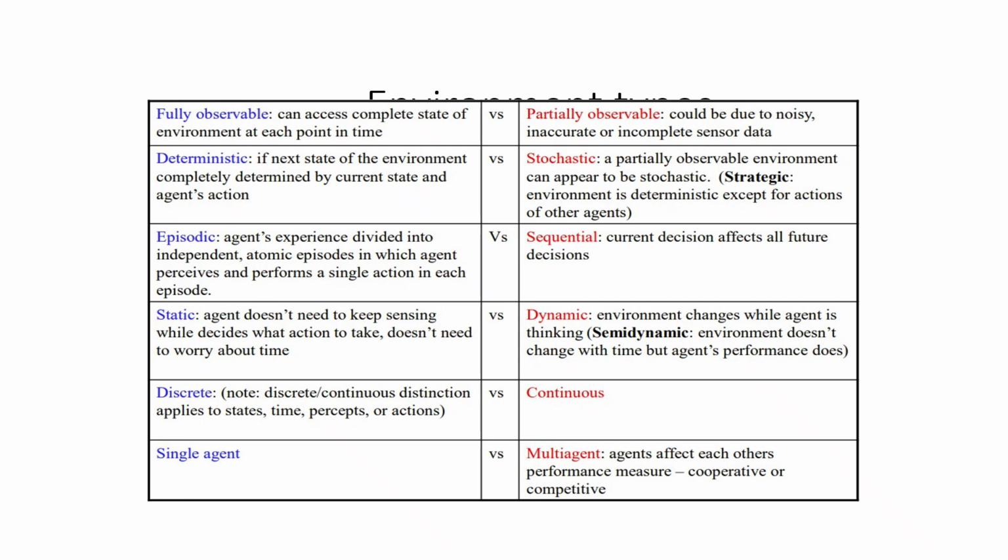Discrete means finite states with finite actions, such as tic-tac-toe or any two-player game. Continuous means infinite possible values. Route navigation or shortest path routing is a good example of continuous.